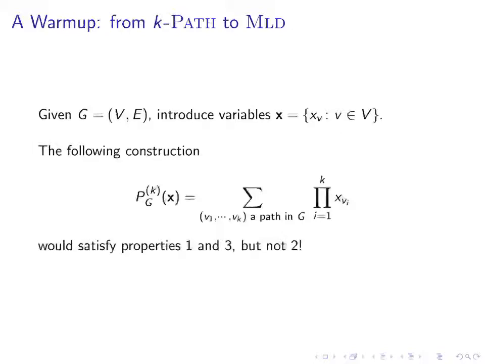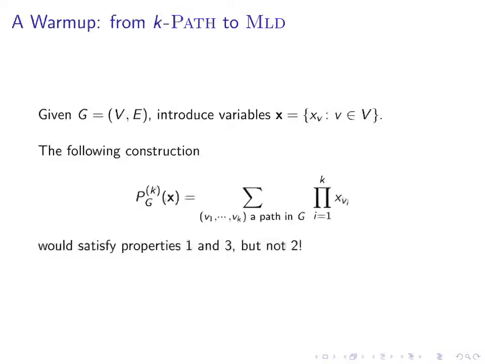So here we can see that this polynomial satisfies properties 1 and 3, but not 2, since there can be exponentially many paths. I want to point out that in this expression, we're actually dropping the edge variables because different paths may cover the same set of vertices. Nevertheless, we will still use this expression for simplicity.